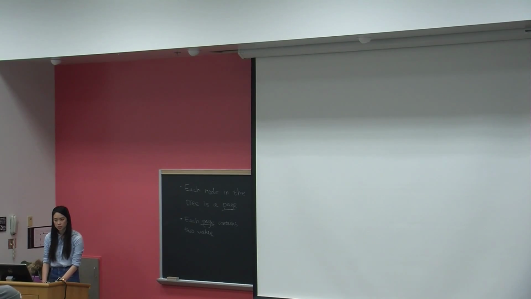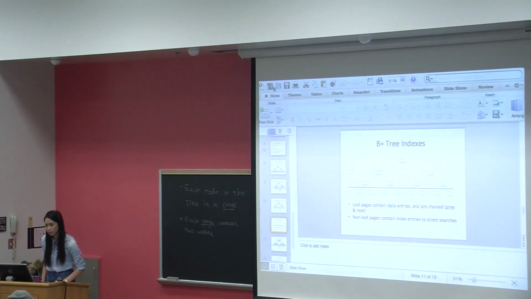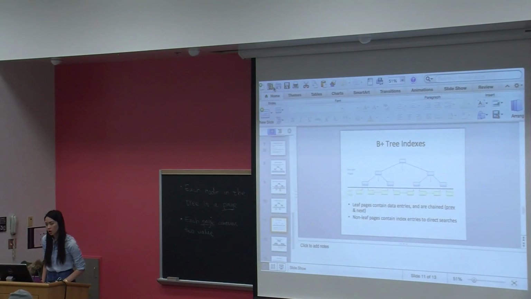But still the non-leaf pages won't be reconstructed, right? No matter how many entries you keep adding to the B plus tree, the non-leaf pages won't be reconstructed, right? The non-leaf, no. So they keep everything. What if you don't have any empty space in the leaves and you want to keep on inserting data?